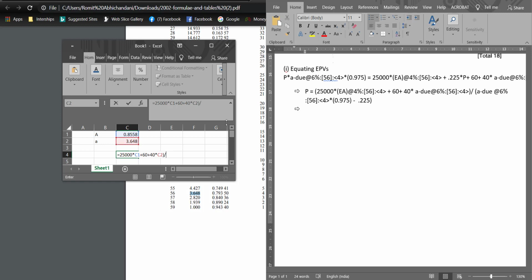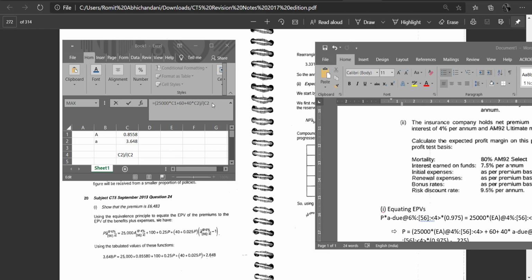Divided by what? Divided by your annuity factor times 0.975 minus what remains? You have 0.225. That's it. Close the bracket. And here's your answer, 6483.258. So that's how you calculate your premium, and that's how you show it.